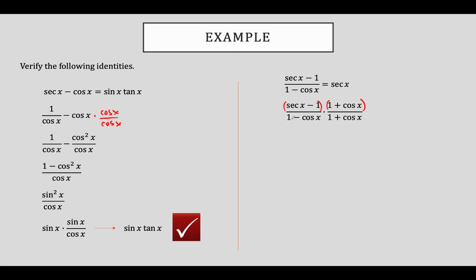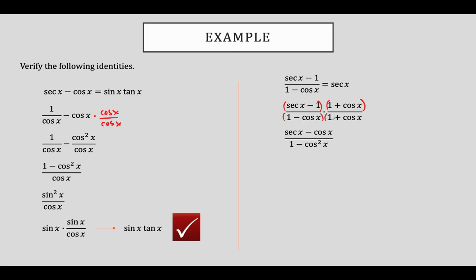And in my denominator, first terms give me 1 plus cosine x minus cosine x. Notice the outer and inner terms again add to 0. And a negative cosine x times a cosine x gives me a cosine squared x. So we are at secant x minus cosine x over 1 minus cosine squared x.